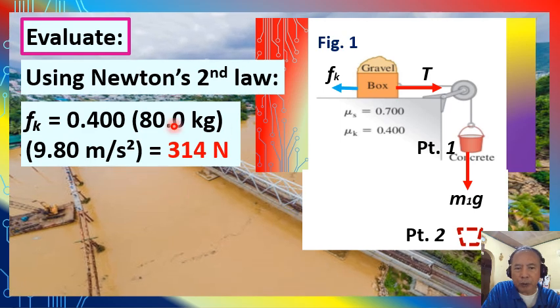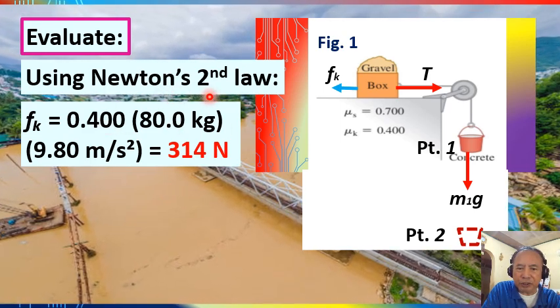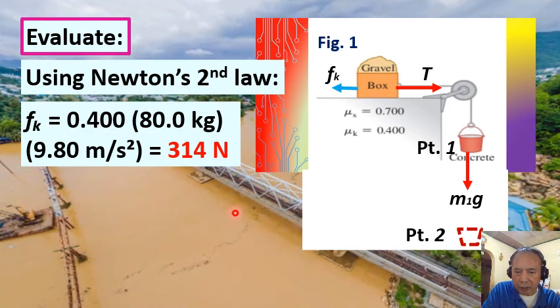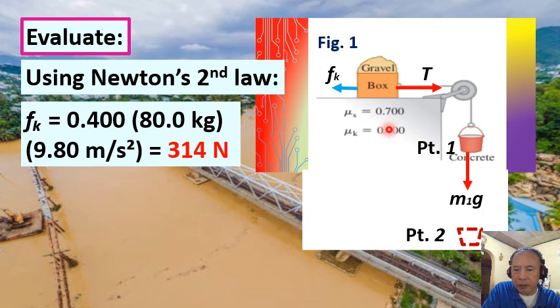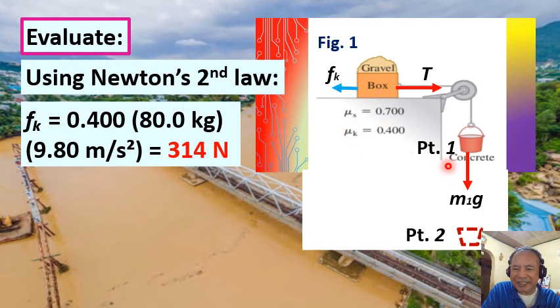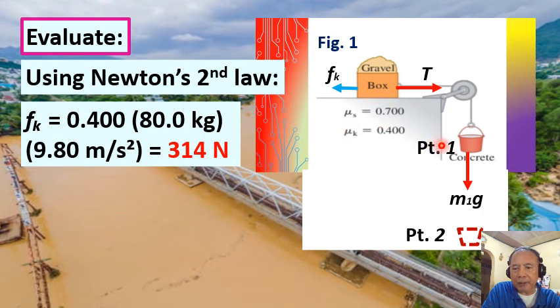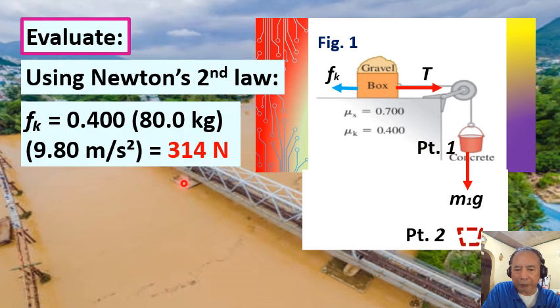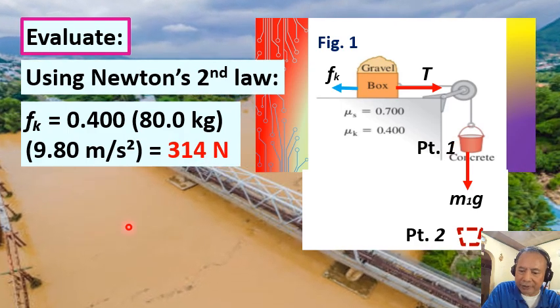We're using Newton's second law because we know that the system, both the box and the bucket, are accelerating from rest.